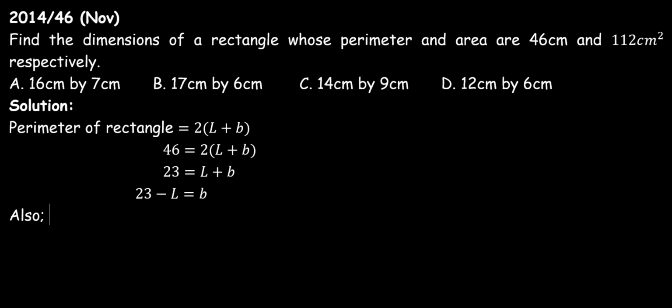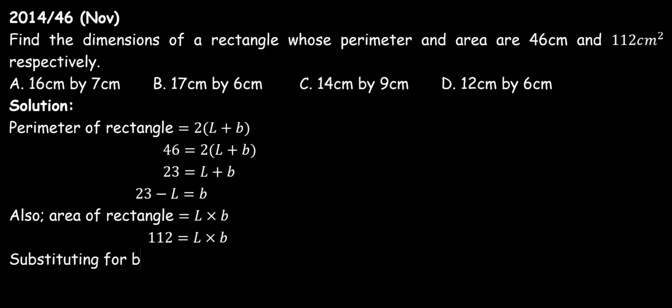Also, we know that area of a rectangle is equals to L times B. And from what we are given, area of the rectangle is equals to 112 centimeters square is equals to L times B. Now, substituting for B, we have that 112 will be equals to L into bracket open 23 minus L, bracket close. Opening up the bracket at the right hand side, we have 112 will be equals to 23L minus L squared.